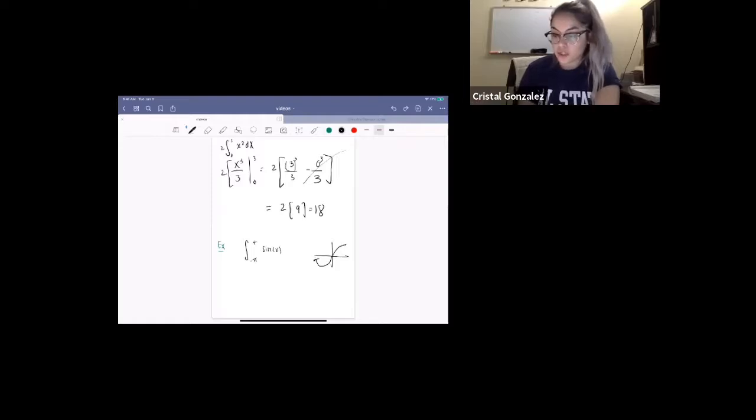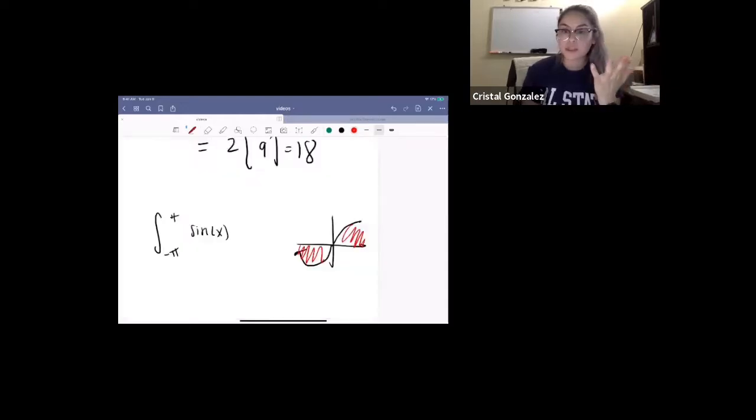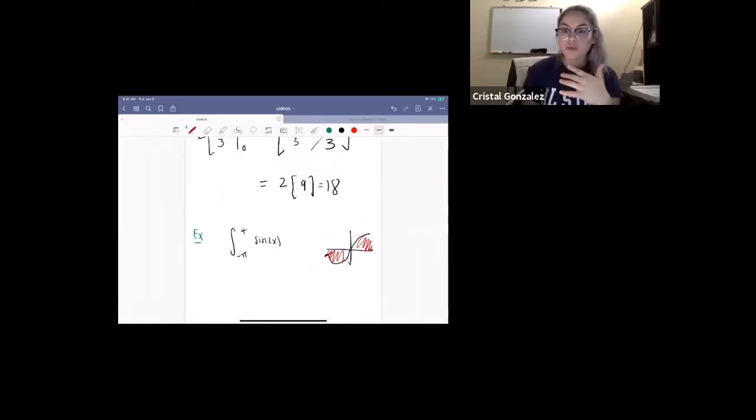So when we're trying to do this area between negative pi and pi, we're trying to calculate this area and this area here. Now, sine is an odd function because if you do sine of negative x, you'll get negative sine of x.